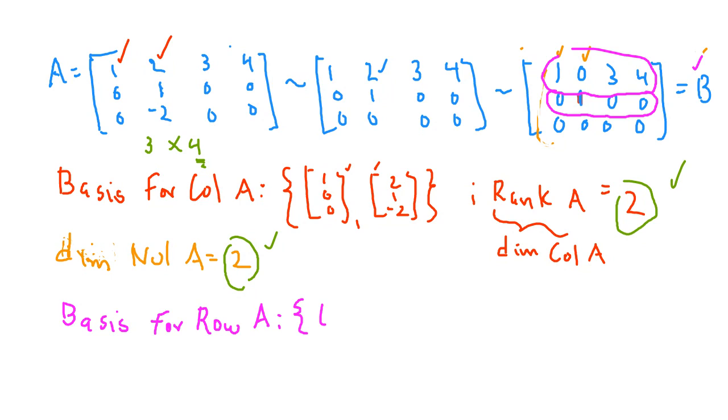Well, how many do there have to be in the basis for the row space of A? How many vectors do there have to be?